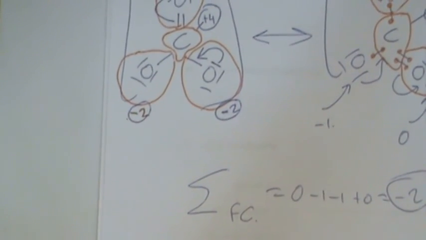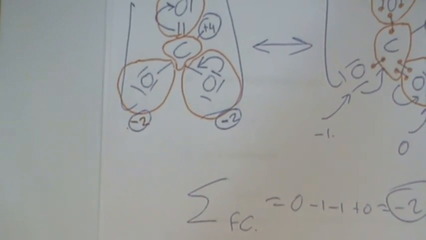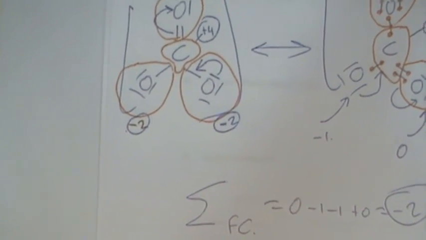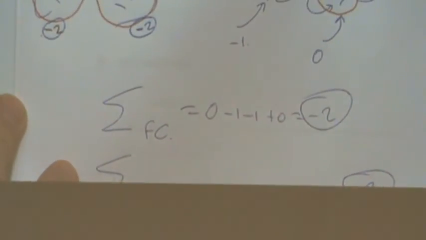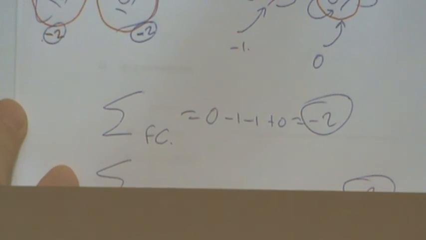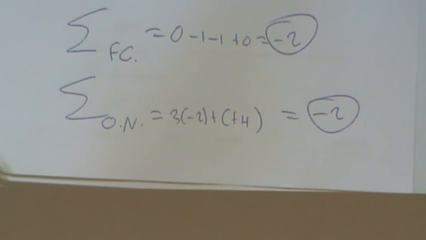Remember, the same rule: the sum of the oxidation numbers is equal to the charge of the species. Is it? Let's see. -2, -2, -2, that's 3 times -2, plus 4, how much does it make? Pretty cool, huh? Can you see it? Very easy.